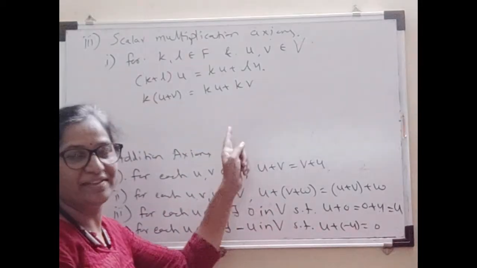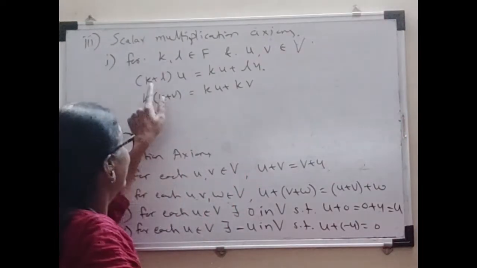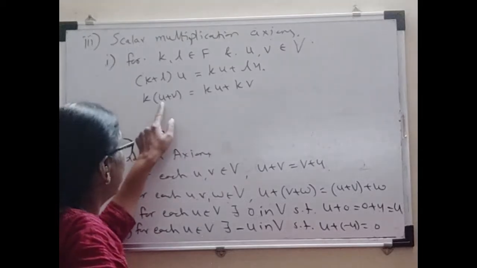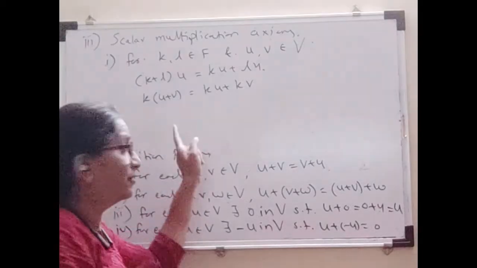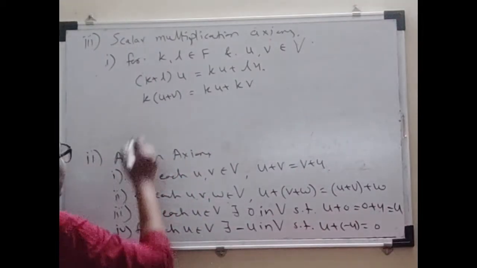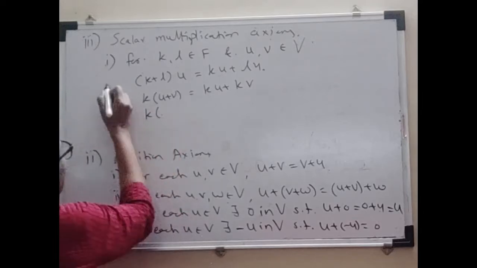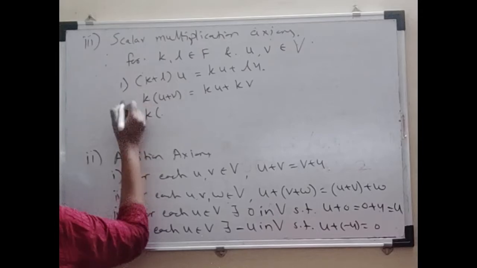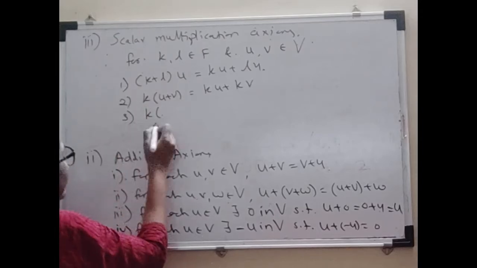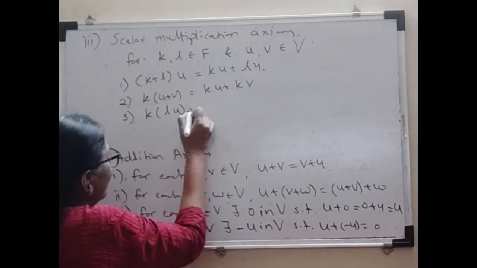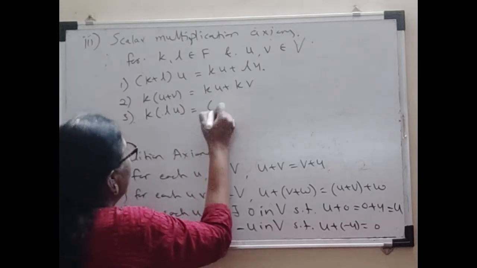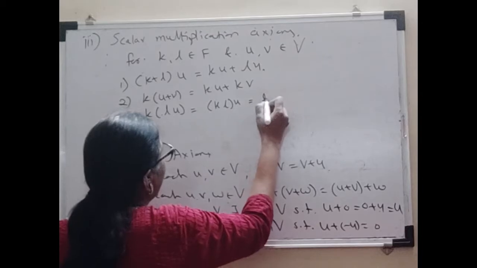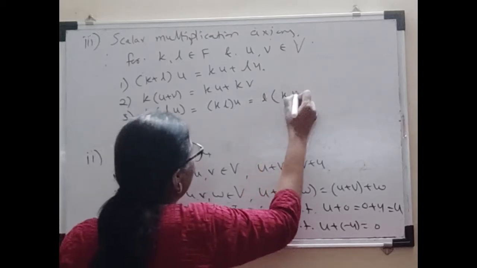It is nothing but distributivity over scalars and distributivity over vectors. Then the next one, I will call these 1, 2 and 3: k into (l u) should be equal to (kl) into u, and that should be equal to l into (k into u).